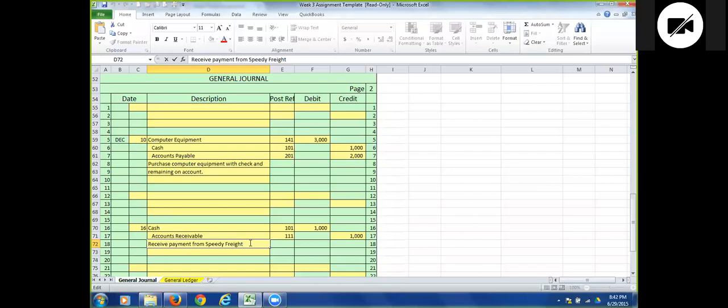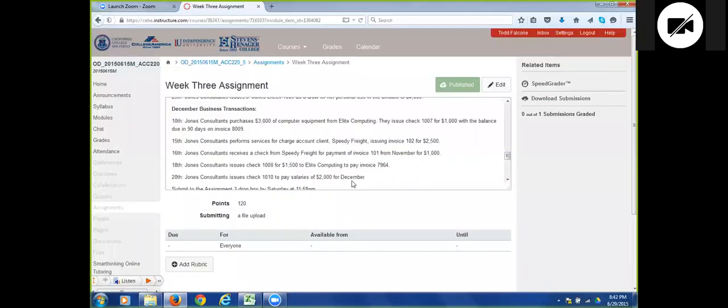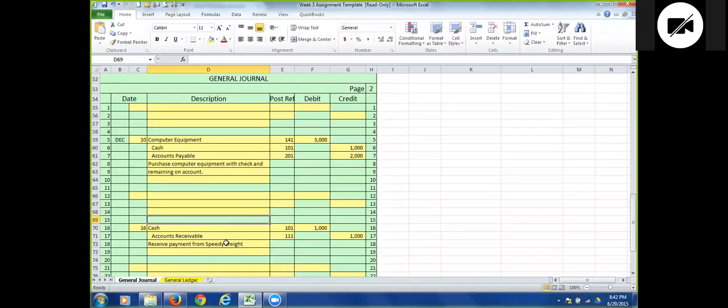You could put the invoice number in there, and typically that's what you see in businesses. So like the invoice number 101, receive payment from Speedy Freight on invoice 101. You could do something like that.